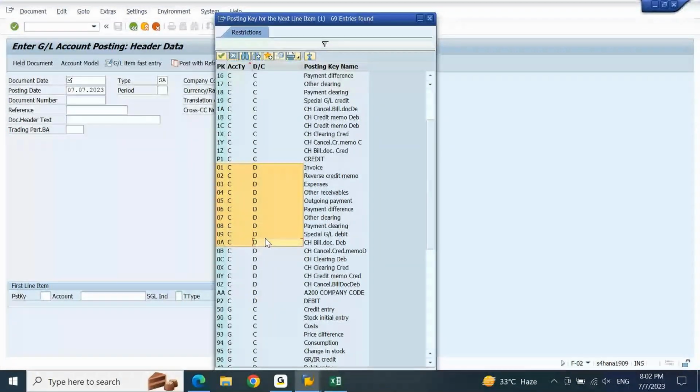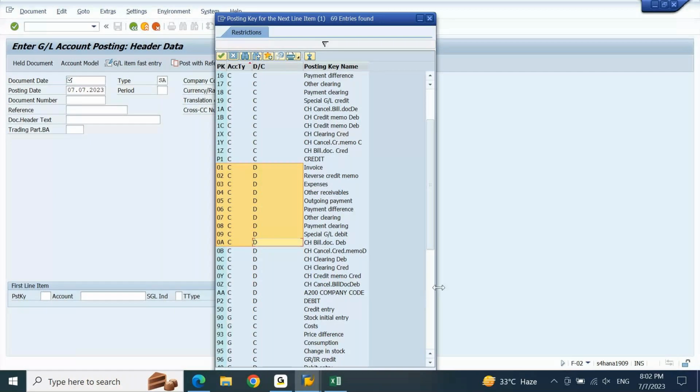Strictly remember, you will be using a 2-digit pure numeric series for posting key. In short, 01 to 09 is your customer debit, 11 to 19 is customer credit.